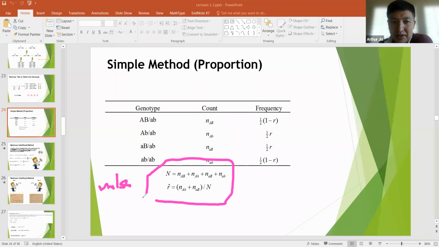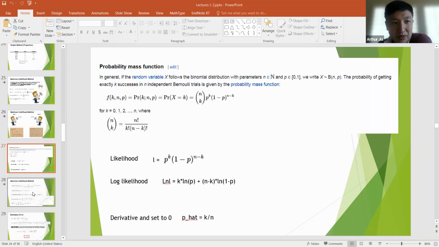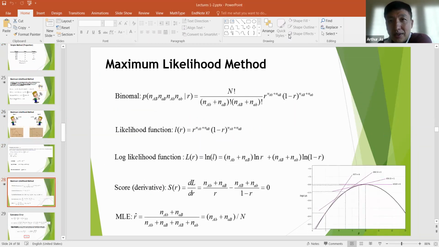This is the solution for the MLE, but you need to know how we set up a likelihood function like this. So for example, like this. And we get the score function, which is the first derivative for the log likelihood, and set it to 0.